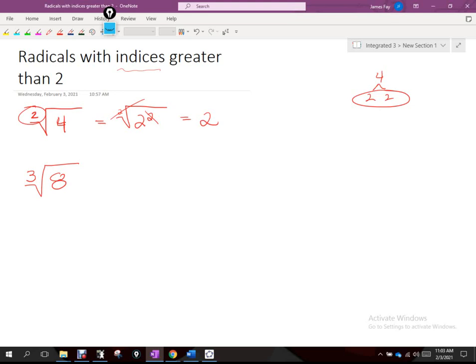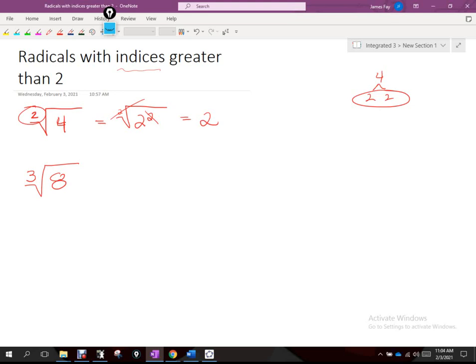But everything we've already done is exactly the same here, except for when we do the prime factorization and we were looking for groups of 2 objects, now we'll be looking for groups of, take a guess, 3 objects. That number out there tells you how many things you're looking for when you do the prime factorization.